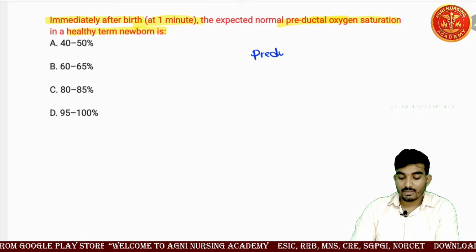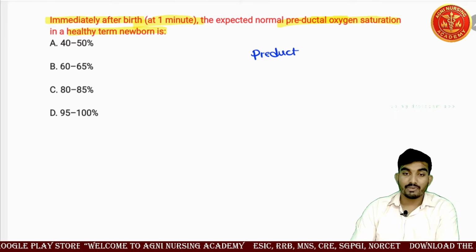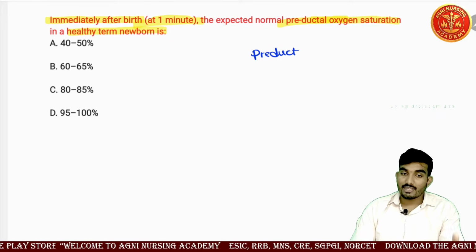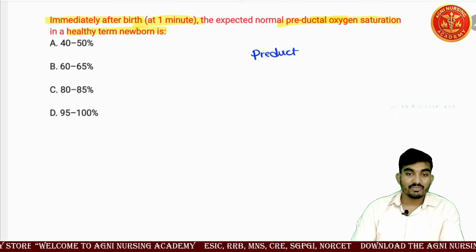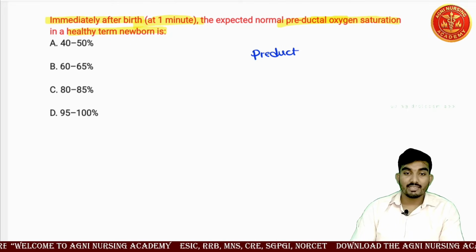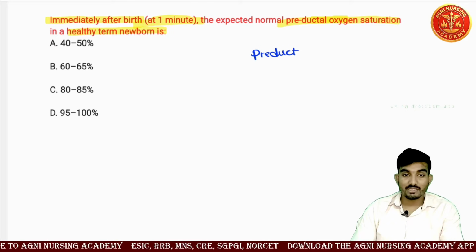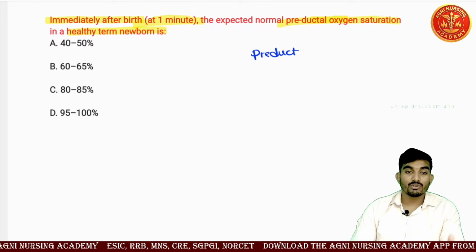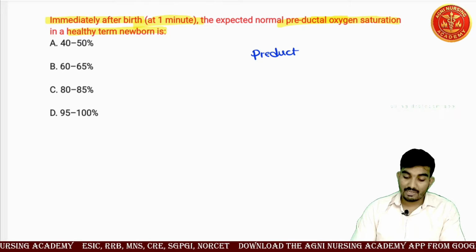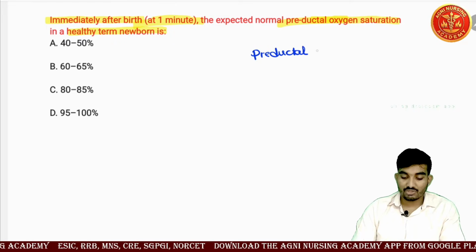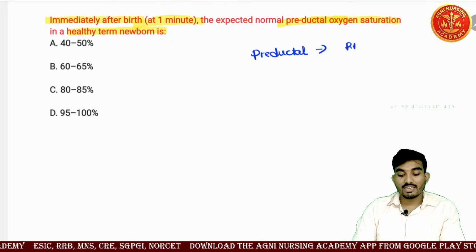Preductal means before the ductus arteriosus, which is present between the pulmonary artery and descending aorta. Before that one, which is blood flow to the upper limbs. Preductal saturation we will see in the right hand.